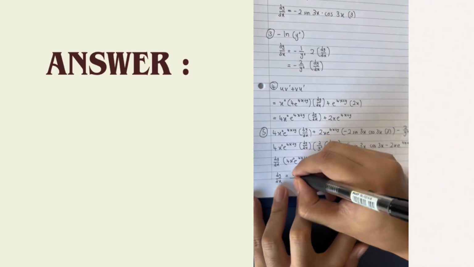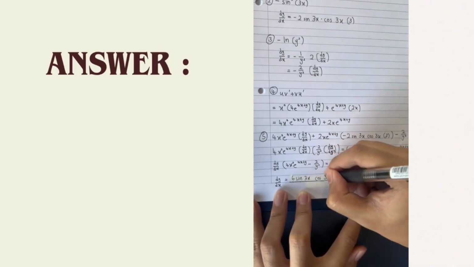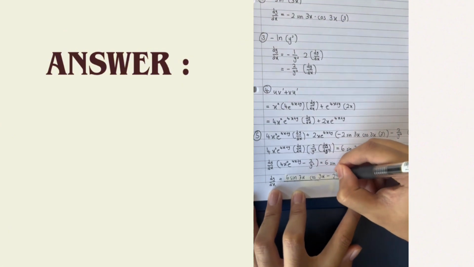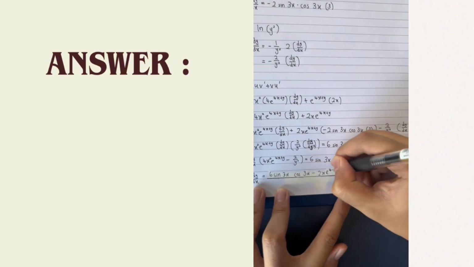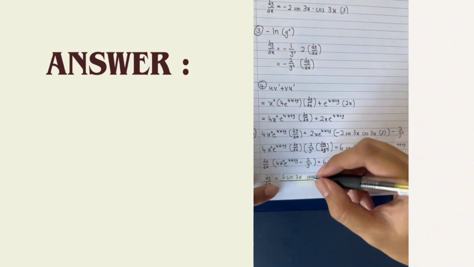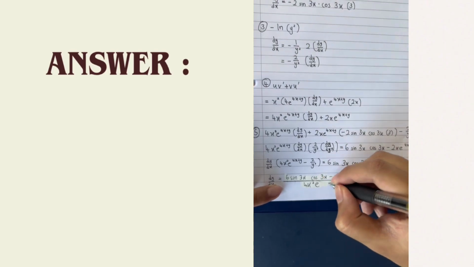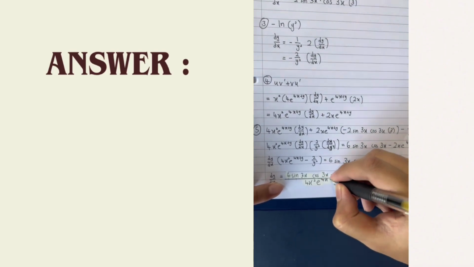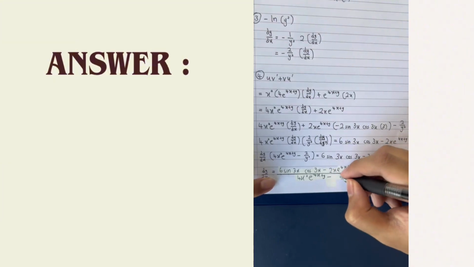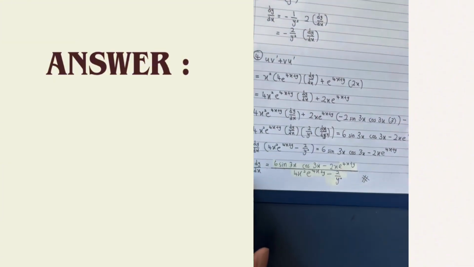So 6 sin 3x cos 3x minus 2x e to the power of 4x plus y, over 4x squared e to the power of 4x plus y minus 2 over y squared, and this will be our final answer.